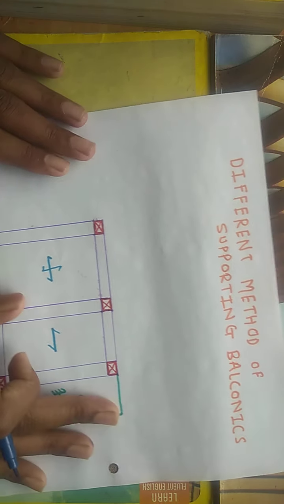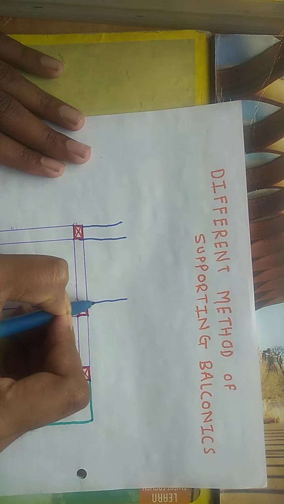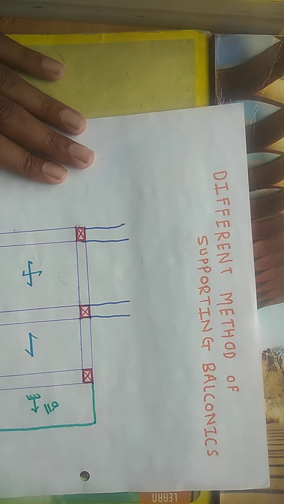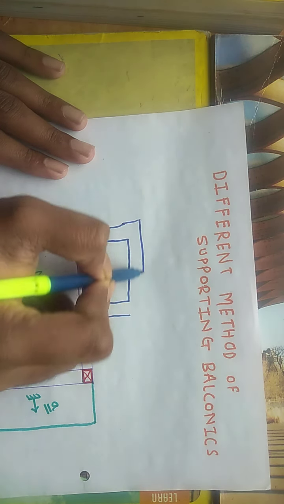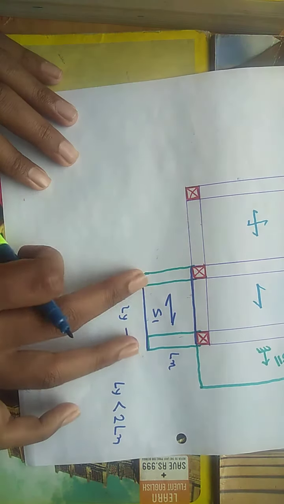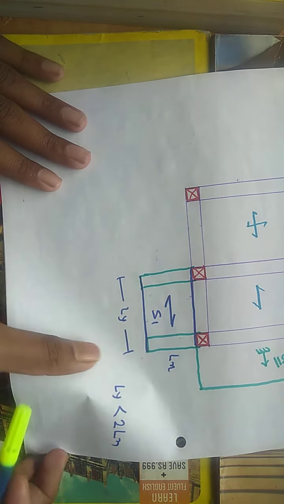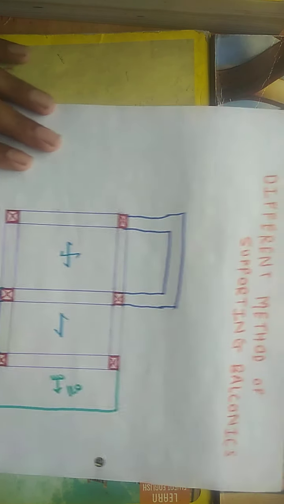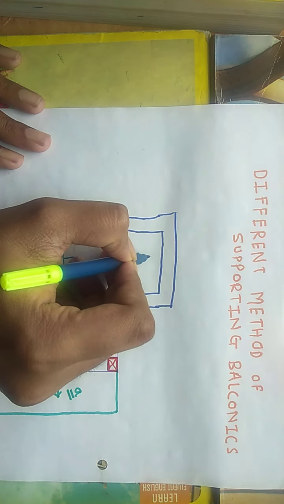Then what we can do, you can simply extend these beams and provide another beam here like that. In this case, we provide two beams. On these two beams we have supported the slab, but if the width is greater, then you can support this cantilever or balcony slab in this direction.